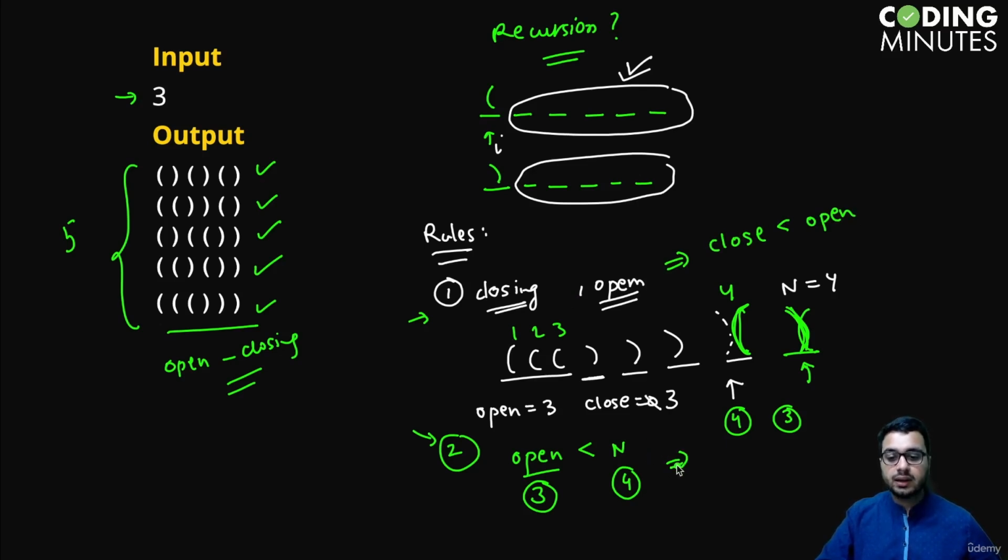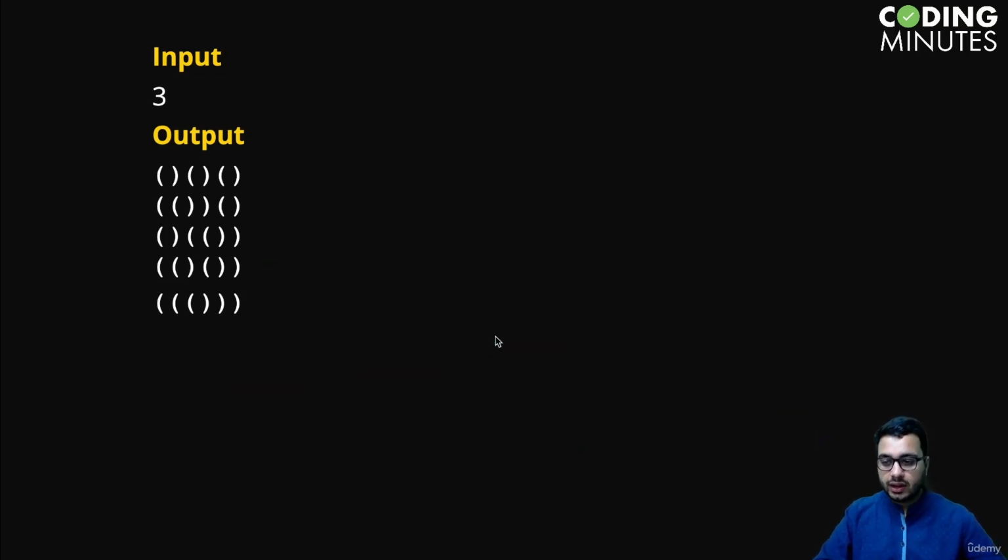And for opening bracket, the count of open should be less than the number of brackets you can place, that is n, then you can place an opening bracket. So these two are independent conditions. We have to check these two conditions independently. If one of these or both of these conditions are true, then you can place the corresponding brackets. So this is what we are going to do. Now let us try to solve this for a small example.